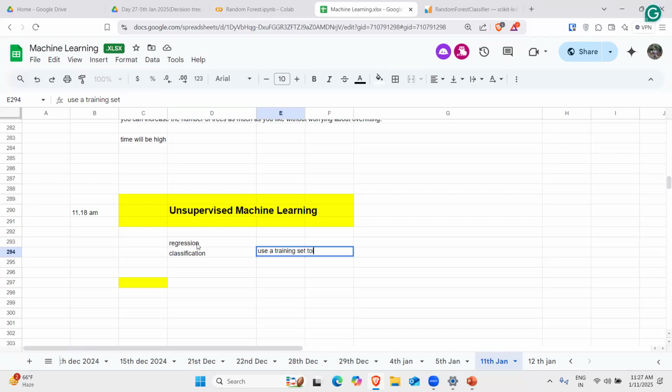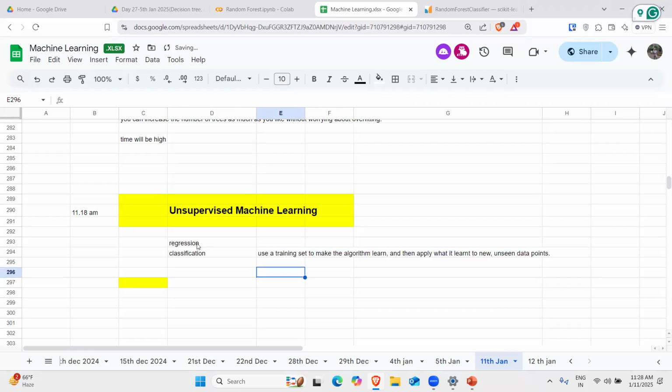training set to make the algorithm learn and then apply what it learned to new and unseen data points, right? So for example, what do you mean by supervised?